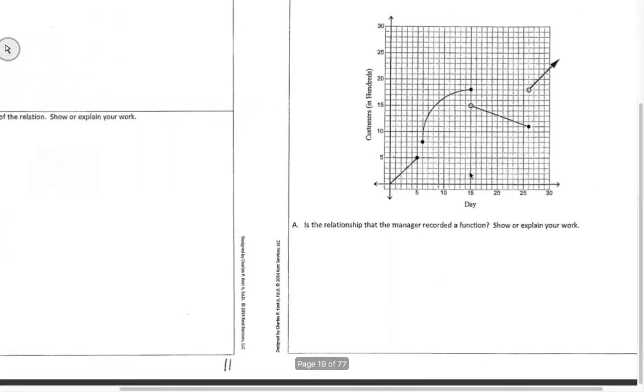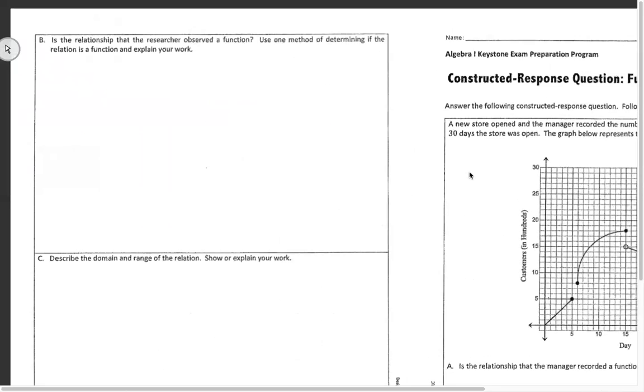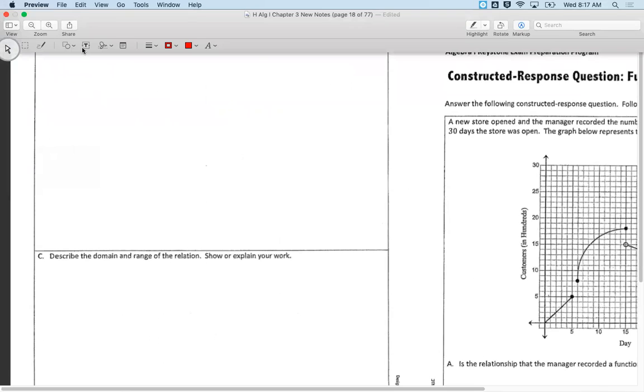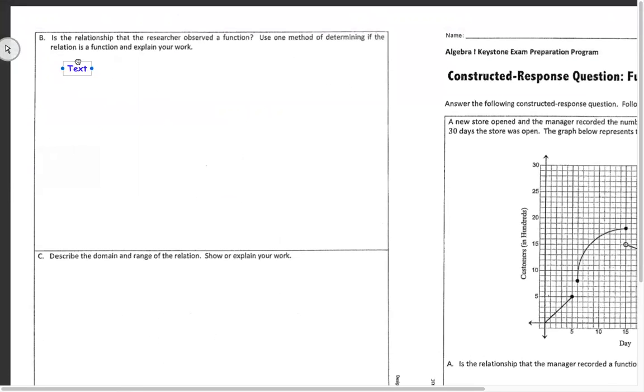Now let's go look at the next question. It says, is the relationship that the researchers found a function? What do you think? Hope, yes or no? I think it's a function.